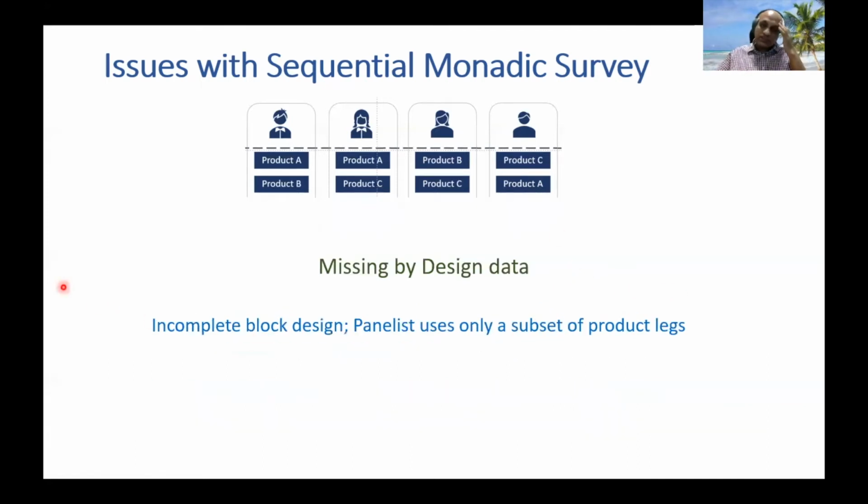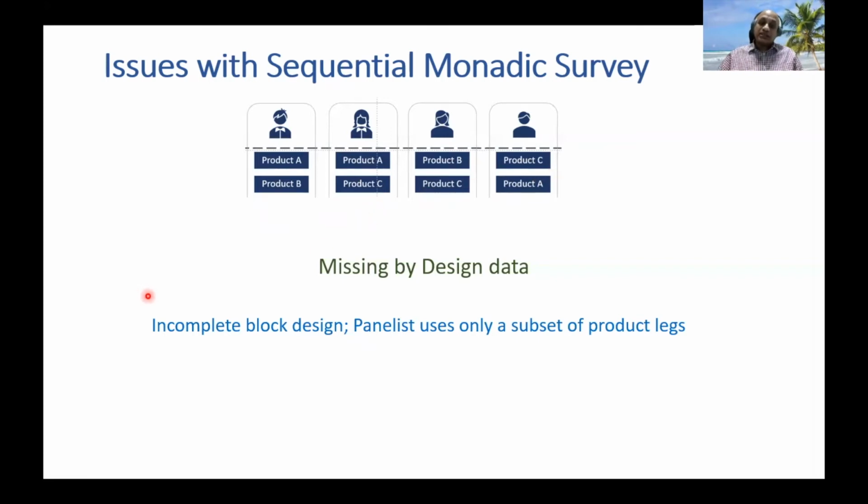The third issue is called missing by design. In sequential monadic surveys, often the panelist uses only a subset of the entire collection of products or concepts. In this example, each panelist is presented with 2 out of the 3 product legs in randomized order.